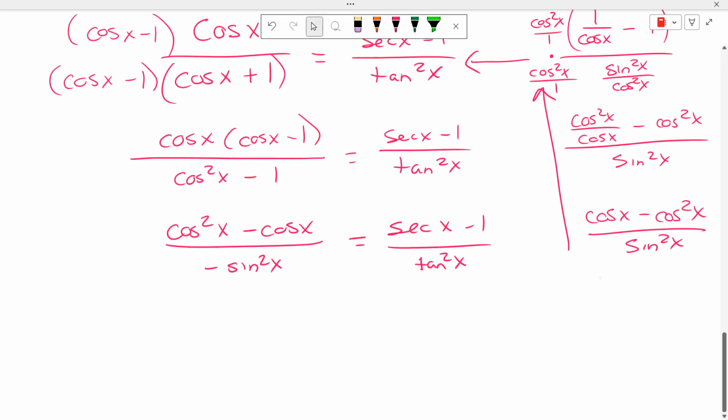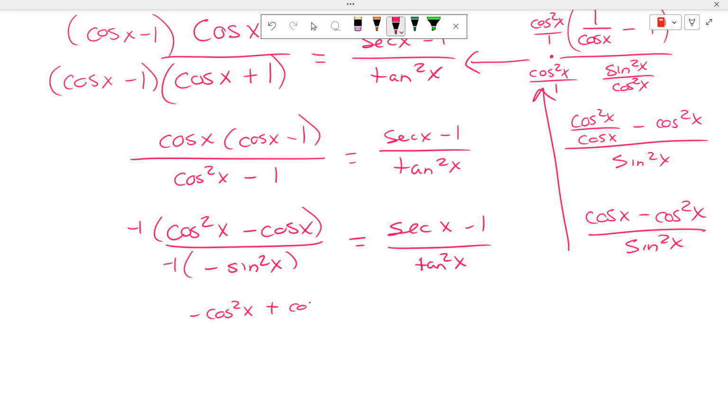All right, so let's multiply both the top and the bottom by negative 1. So if I multiply by negative 1, I have negative cosine squared of x plus cosine of x over sine squared of x equals secant of x minus tangent over minus 1 over tangent squared of x.